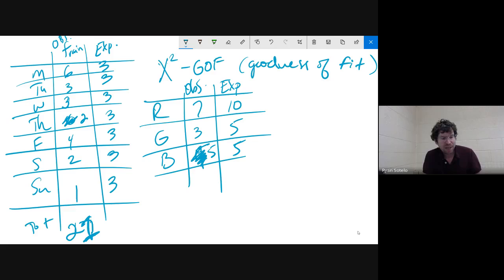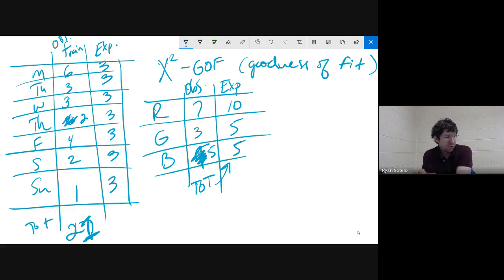If 50% were red, I would expect 10 red, 5 green, and 5 blue. Whatever my total is, I distribute it over the expected range according to what the claimed distribution is, or what the expected distribution is. If we expect 50% to be red, I would do it this way. If I expect every day to have an equally likely chance of it raining, I would spread it evenly, like I did over here.